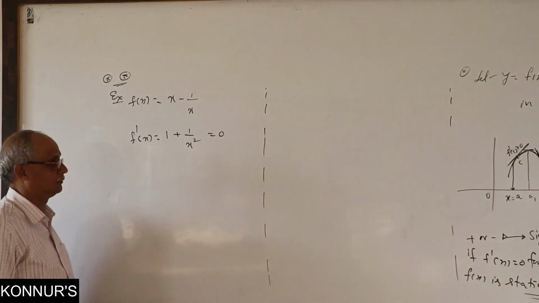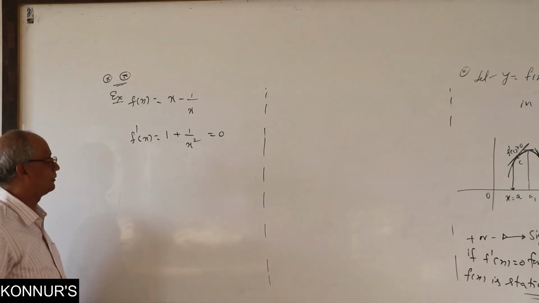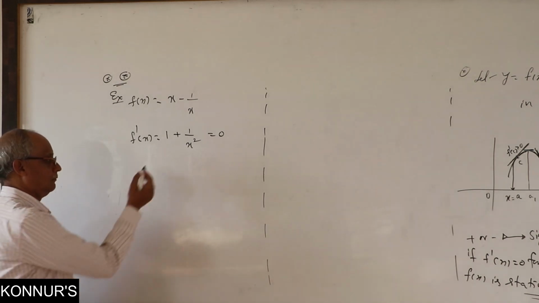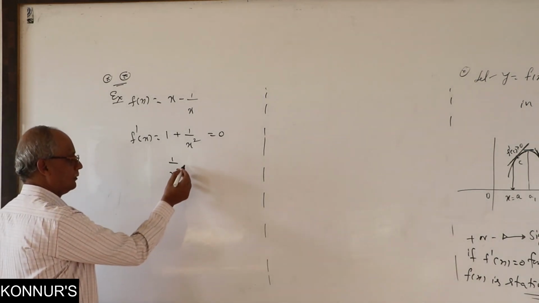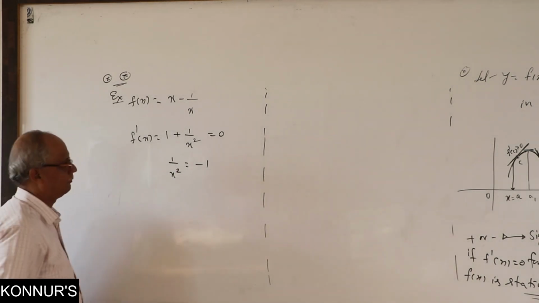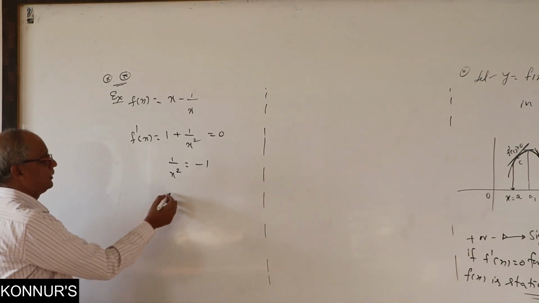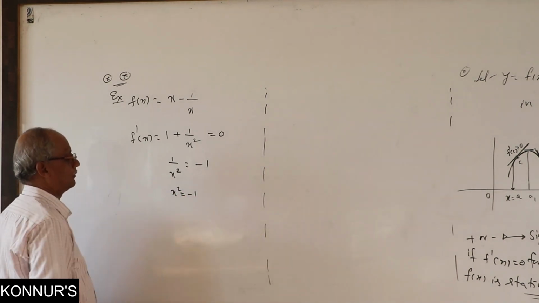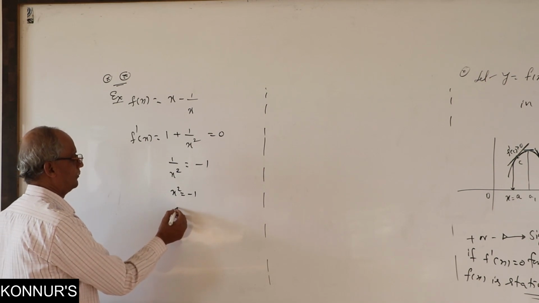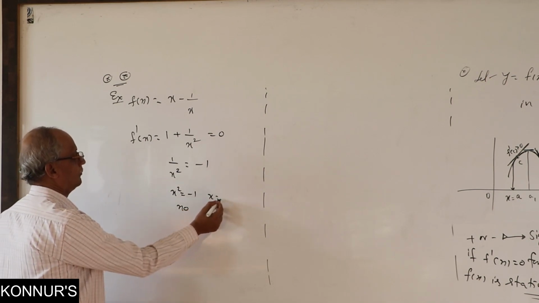Okay, 1 by x square is equal to minus 1, or x square is equal to minus 1. What is implied? Imaginary.